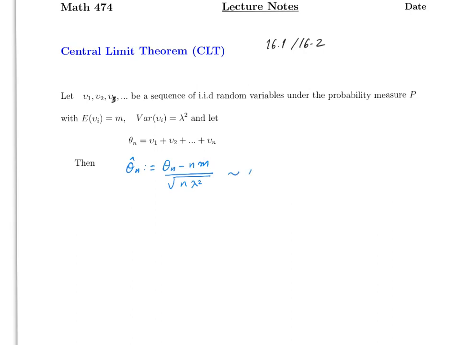This has an approximately normal distribution where the mean is 0 and the standard deviation is 1. Obviously this is true as n goes to infinity.